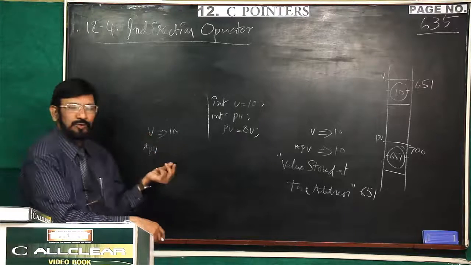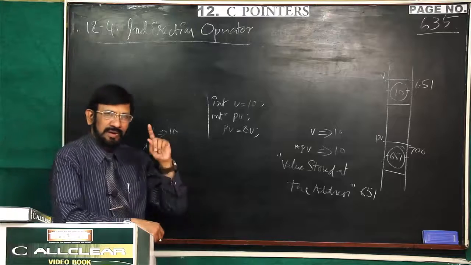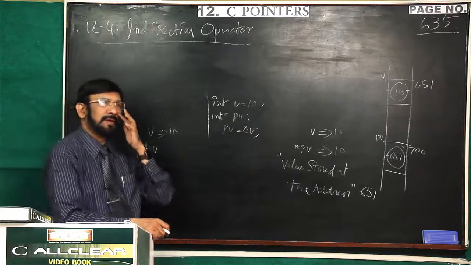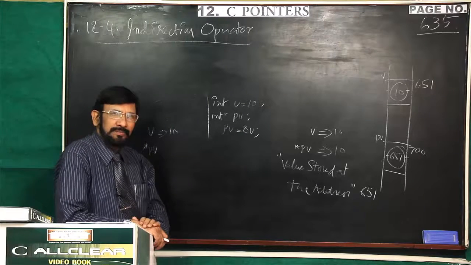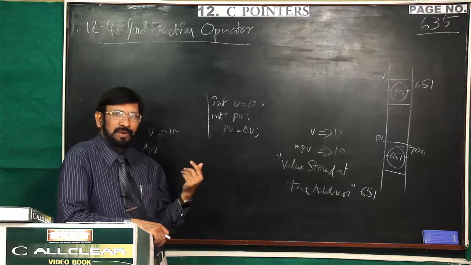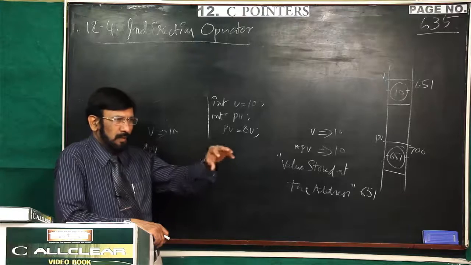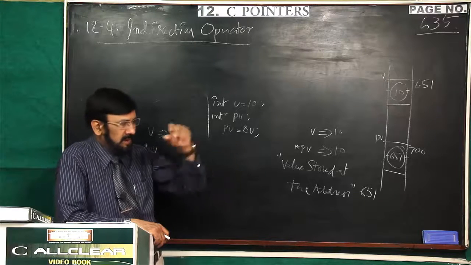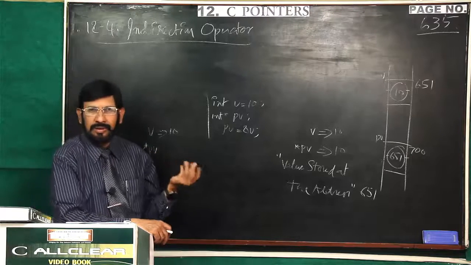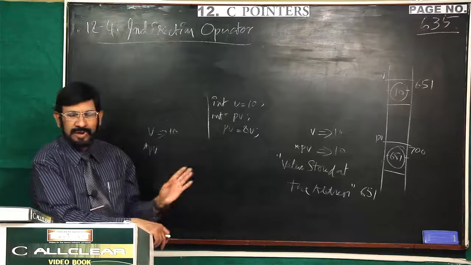Whatever is direct to you is indirect to the processor, and whatever is direct to the processor is indirect to you. This is like calling your friend with a simple name, Shyam, but his roll number may be difficult for you to remember. Here, the processor deals with addresses, we deal with names. Whenever you use a name, the compiler has to translate and finally give the address of the data.